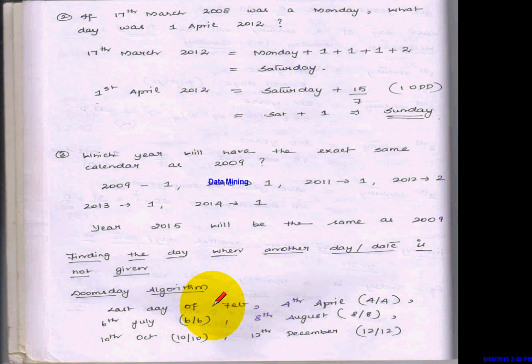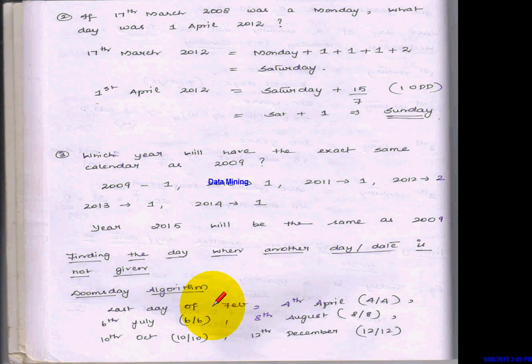But here the year is different. 17th March 2008 was Monday, but what was the day of 1st April 2012? That is 4 years ahead. That was the month of March, and the question is asked for April, and the day also varies: 17th March and 1st April. So you have to look into all these constraints before getting into the problem.